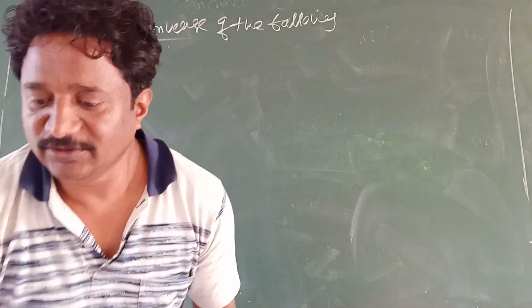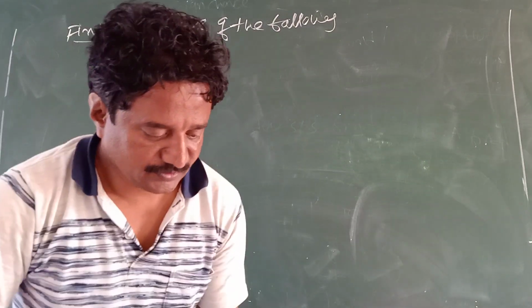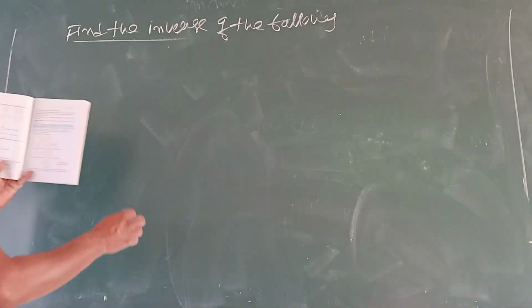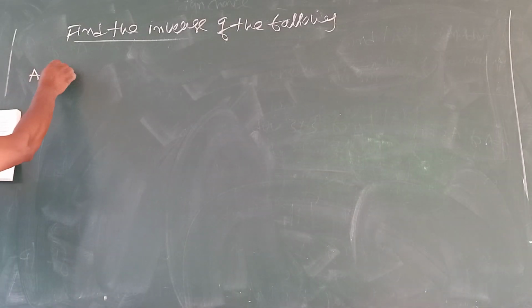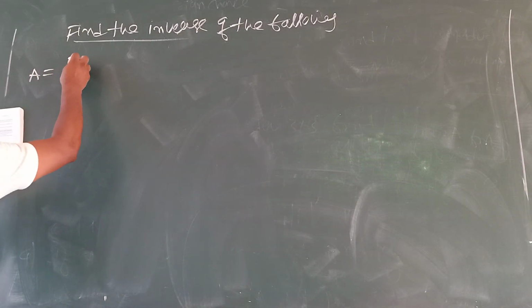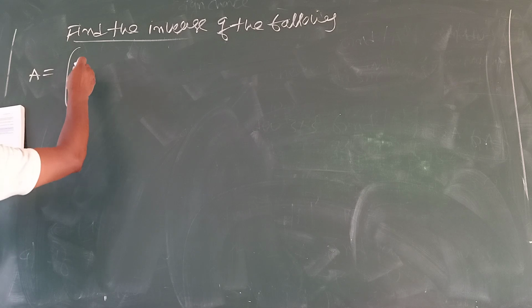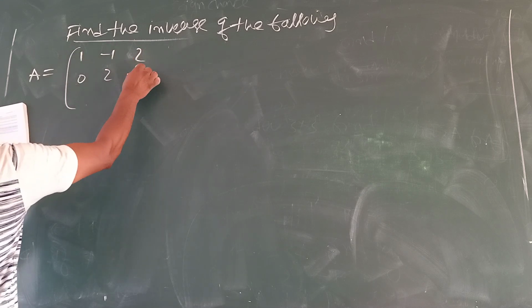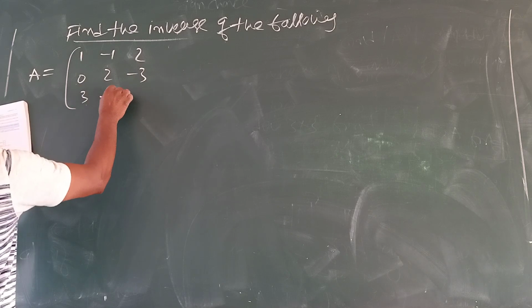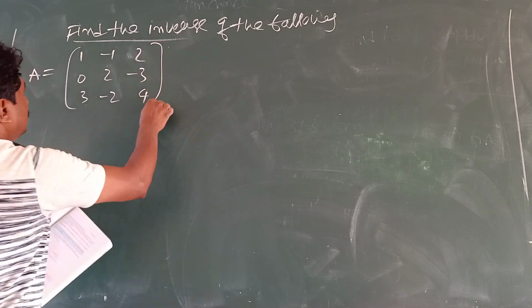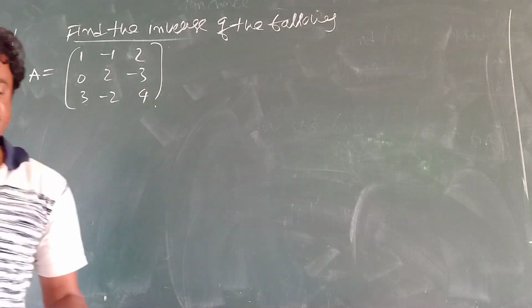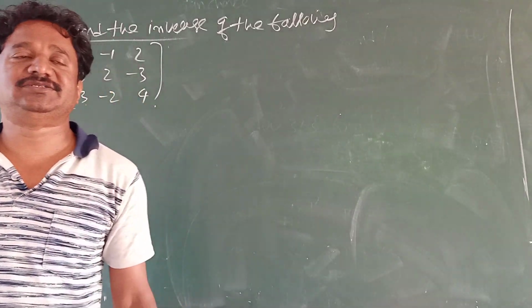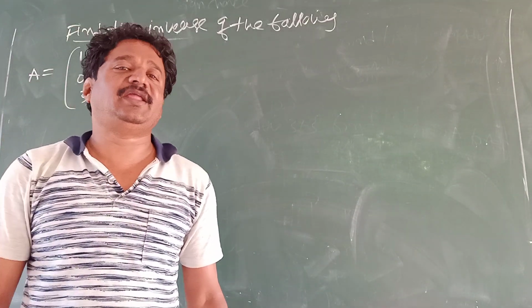First question, first I take A equals the matrix with rows 1, minus 1, 2; 0, 2, minus 3; and minus 2, 4. To find the inverse, tell me the formula for inverse: adjoint A by det A.